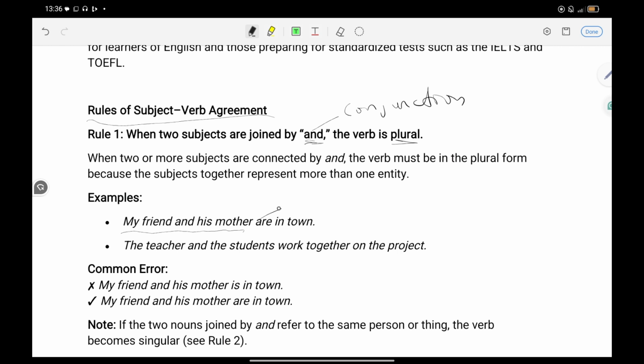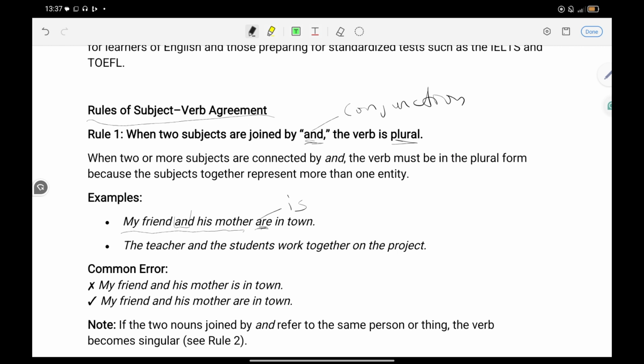The singular form would have been is, but because we have my friend and his mother joined with the conjunction and, then you know it has to be are in town. Normally it would have been my friend is in town, his mother is in town. But when you join two of them together, you have my friend and his mother are in town.